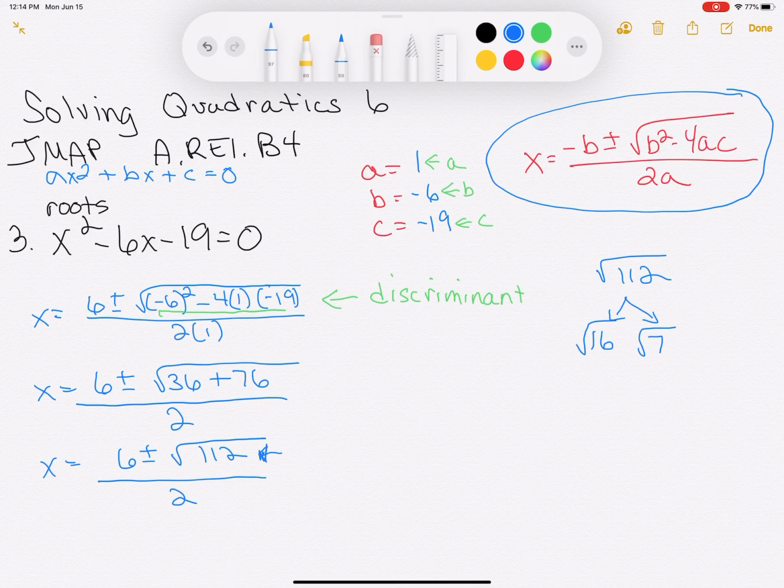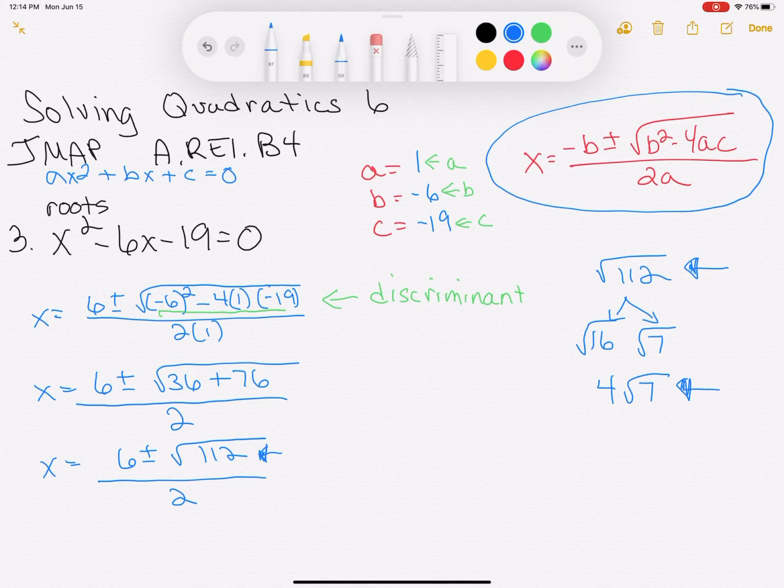Because the square root of 16 can be taken out, 16 is a perfect square, I'm going to take that out, that becomes a 4. 7 is not a perfect square, that stays in. Just to double check to make sure that you're not taking a right answer and making a wrong answer by not simplifying correctly, just do a quick check in your calculator to make sure the square root of 112 and 4 square root 7 match in decimals.